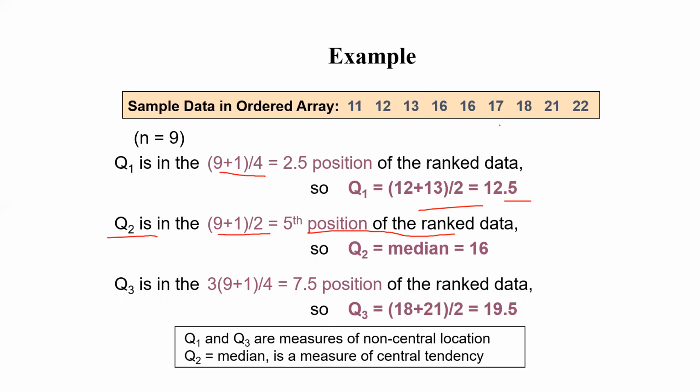Once data is given, we need to arrange the data in ascending or descending order, so we can find Q2 and Q3. For Q3, 3 times (n plus 1) by 4 gives position 7.5. So 18 plus 21 divided by 2 is 19.5. This is the Q3 value. As we know, Q1 and Q3 are non-central values, and Q2 is the median, a measure of central tendency.